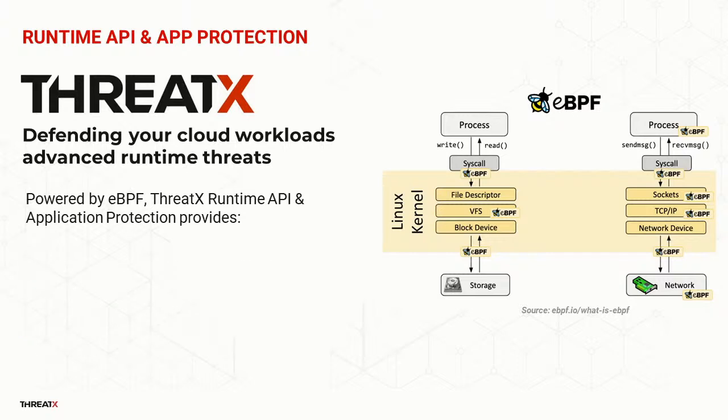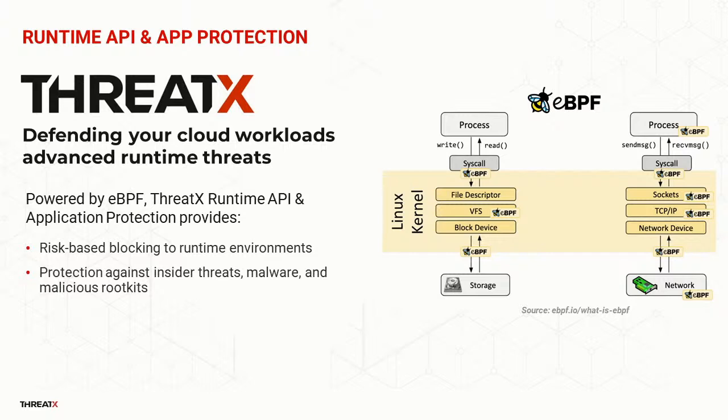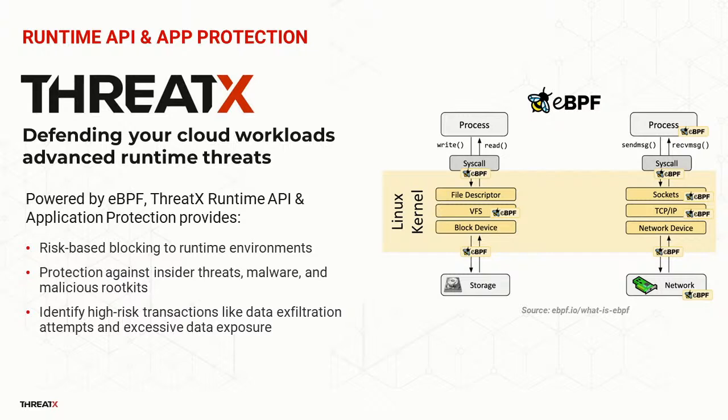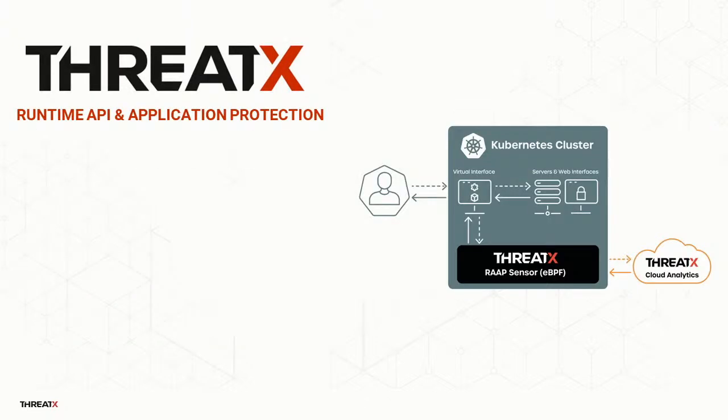Unlike other methods, eBPF allows us to peer into kernel-level data without risking the integrity of the OS and enables ThreatX runtime protection to extend risk-based blocking to runtime environments, protect against threats including runtime threats, malware, and malicious rootkits, block high-risk transactions such as data exfiltration attempts or excessive data exposure, and detect and track threats across cloud-native and multi-cloud infrastructure.